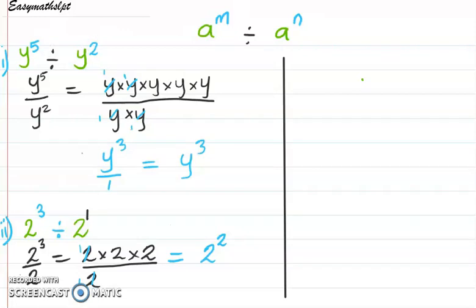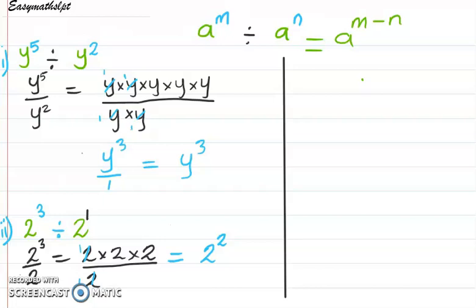In the second example, 3 minus 1 is 2. So simplifying expressions of the form a to the m divided by a to the n means we're going to subtract the powers once the bases are the same. So this is a to the m minus n.